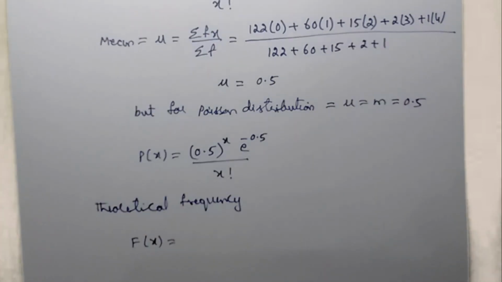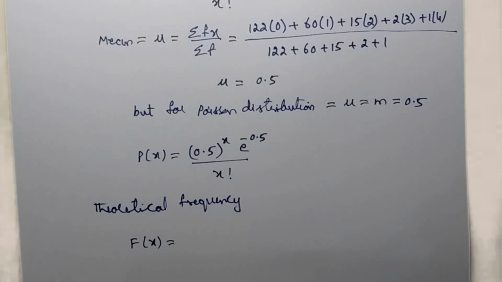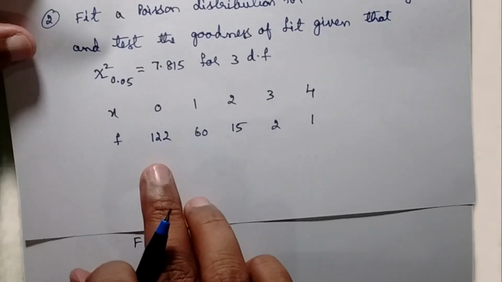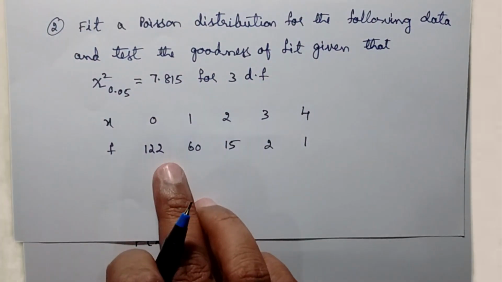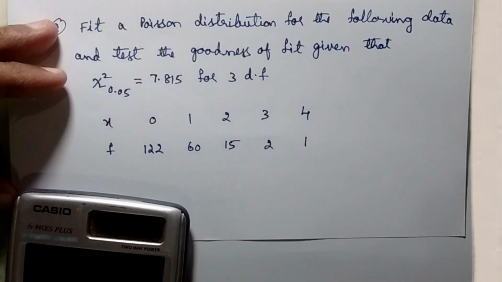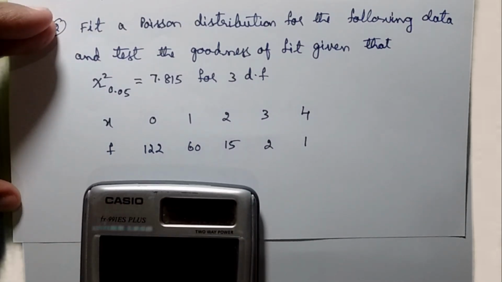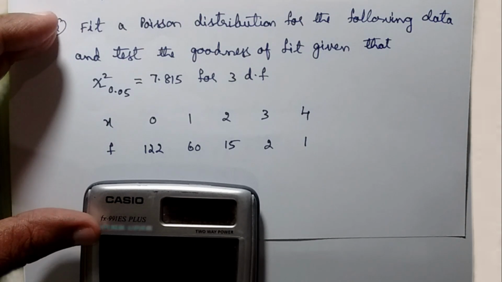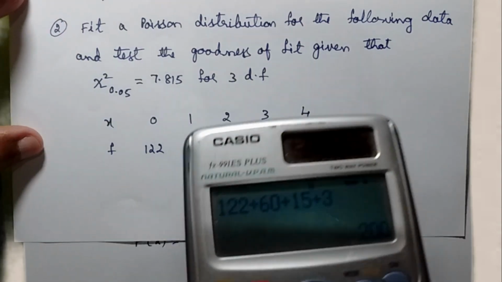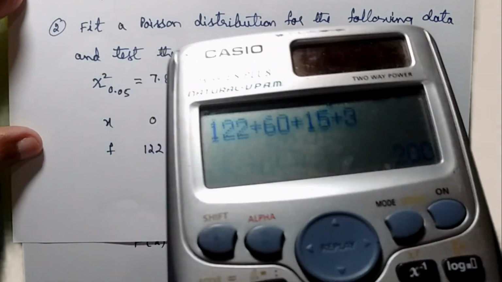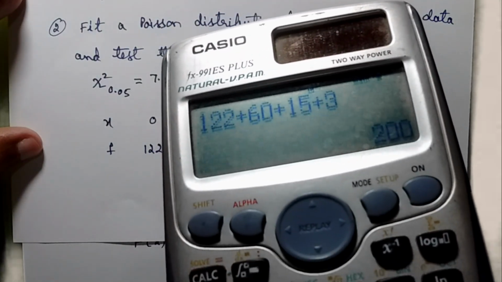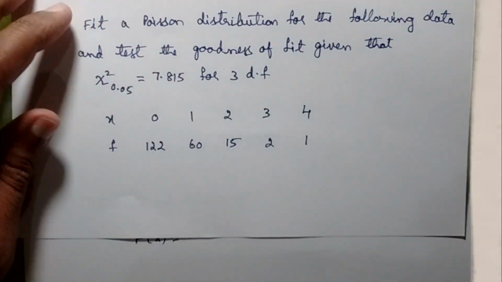So you have to take the total of the frequency. The frequency total is given over here. You just add 122 plus 60 plus 15 and so on. Are you getting 200? Just check it. You're getting the total to be 200.